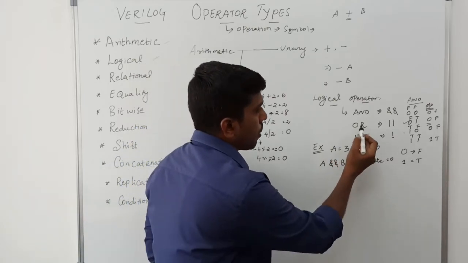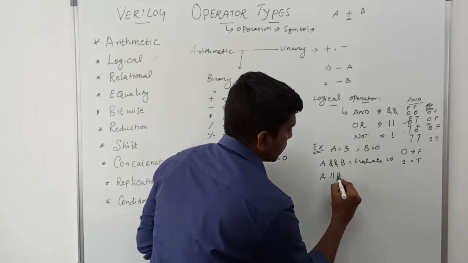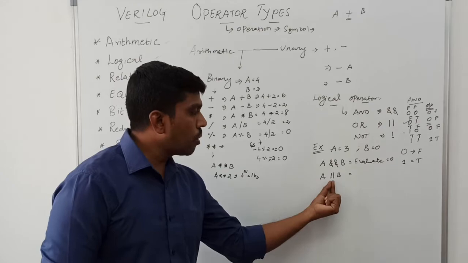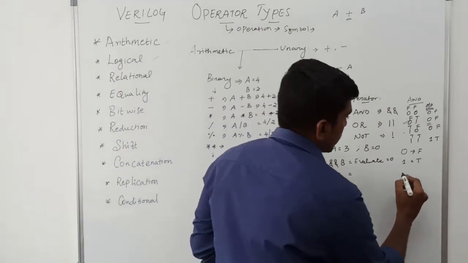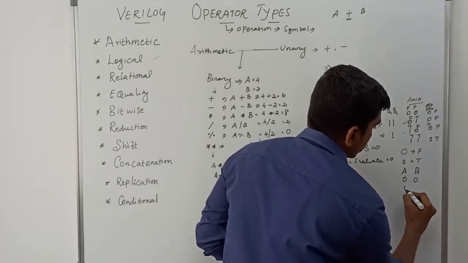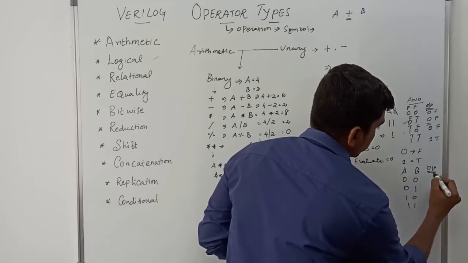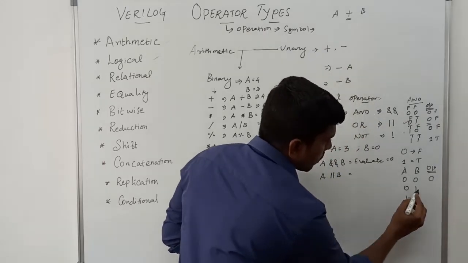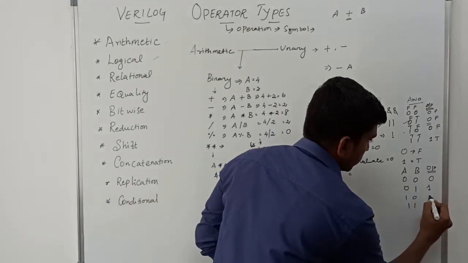The same values you apply in the OR operation, A or B. The OR gate truth table for operand A and operand B: 00, 01, 10, 11. If both values are false, the output is false. If any one value is true, the output is true.